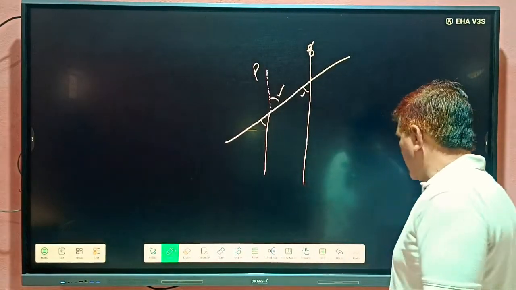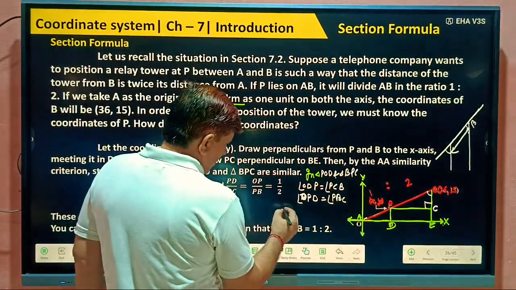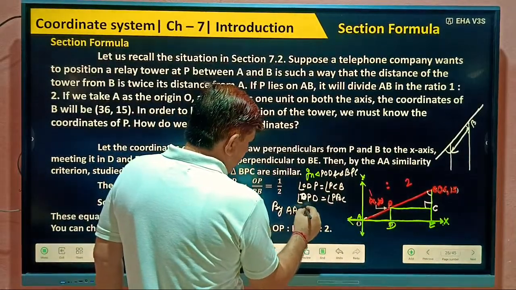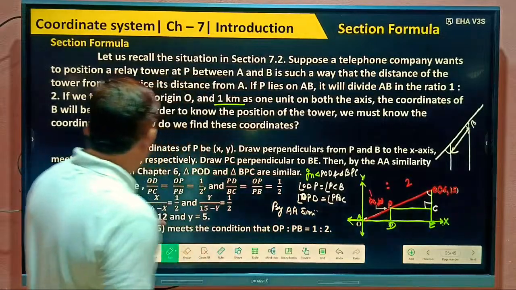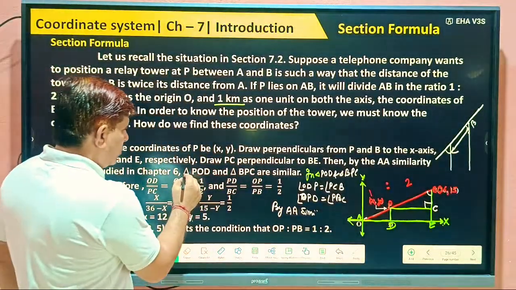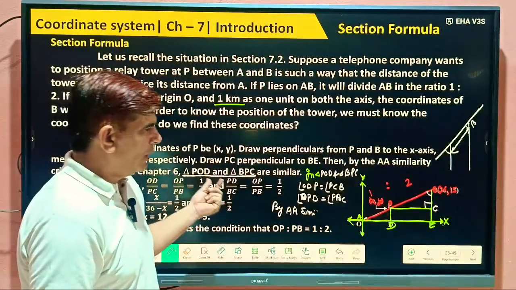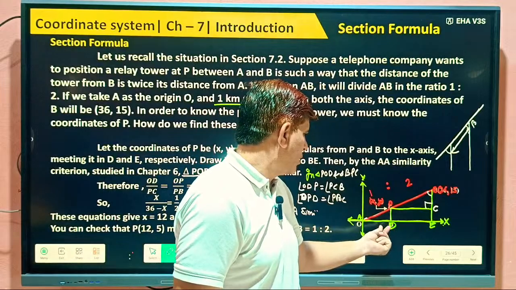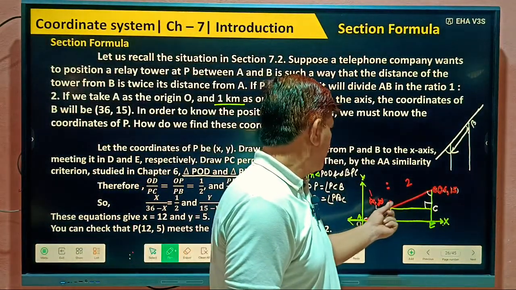So what can we say? By the angle similarity rule, these two triangles are similar. Triangle POD is similar to triangle BPC.